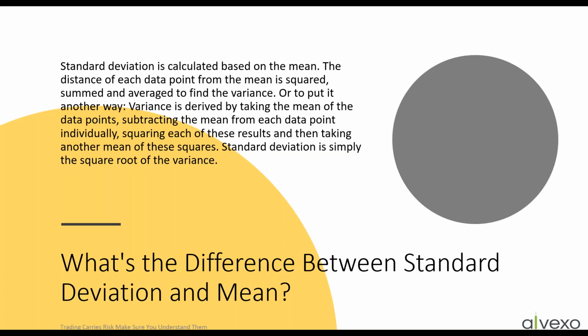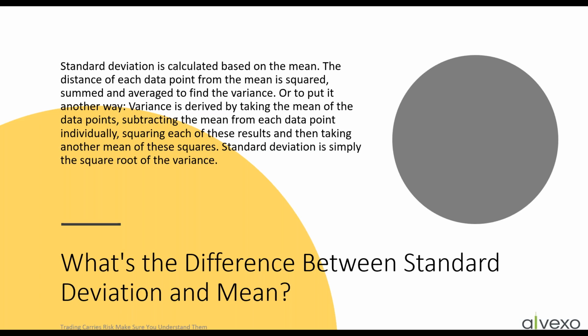Now, standard deviation is calculated based on the mean or moving average. Same word. The distance of each data point from this moving average is squared, summed, and averaged to find the variance.